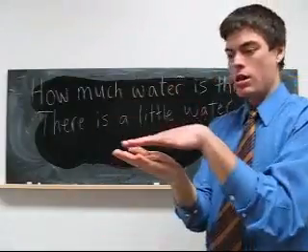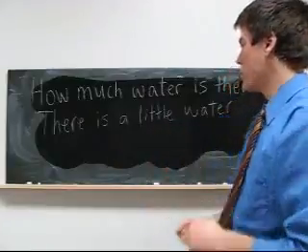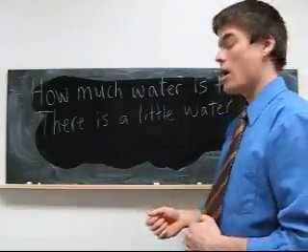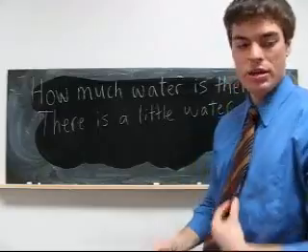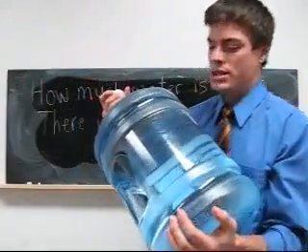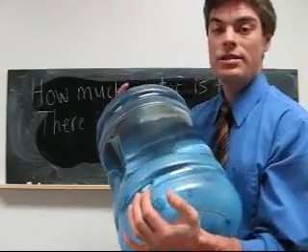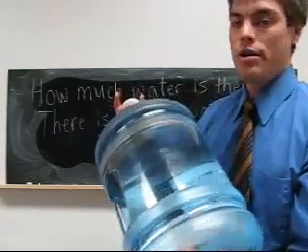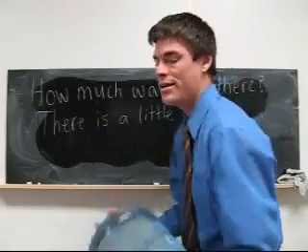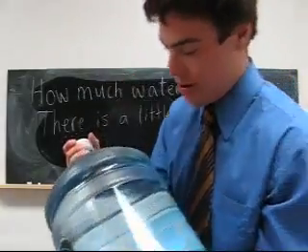Little means small. Whereas a lot means big. If I say how much water is there, you say this, or there is a lot of water. How much water is there? There's a lot of water.